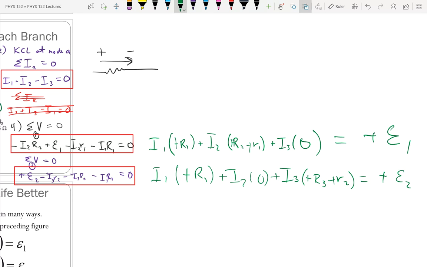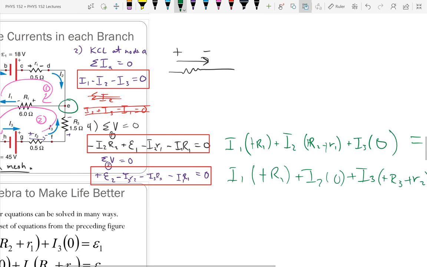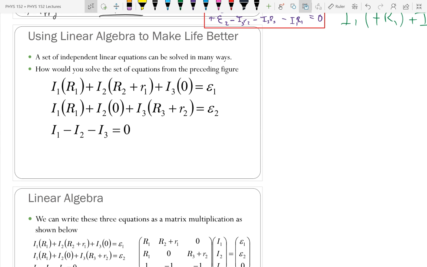So those are equivalent equations. What have I done? I've now written it I1 times a constant plus I2 times a constant plus I3 times a constant equals a constant. So I've written my equations in a different form. And that's what I have here. This is those equations rewritten.